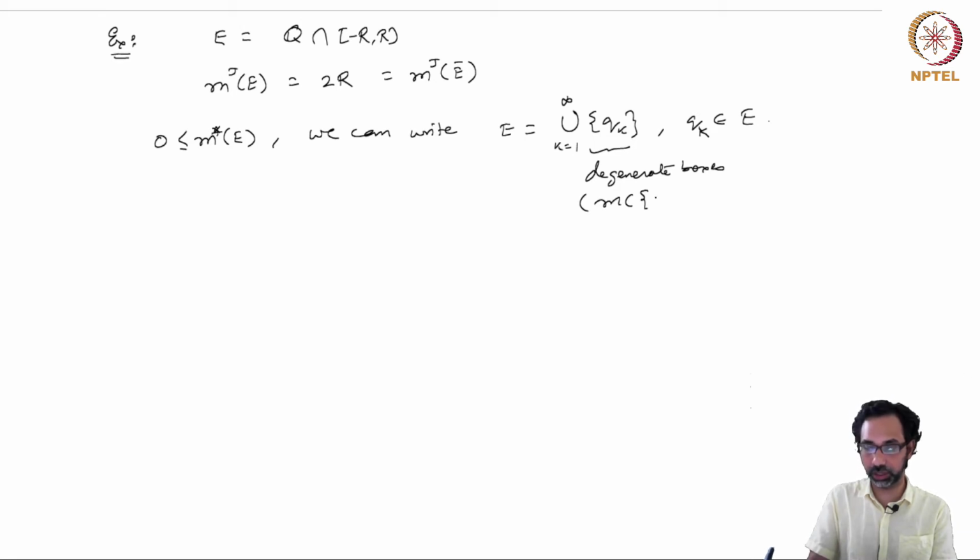So the measure of the set Q_k is equal to 0, and this is a covering of E itself.